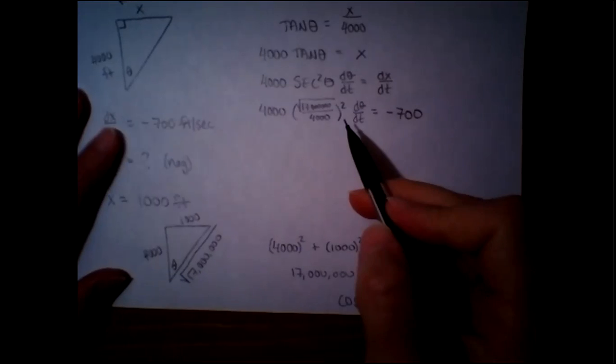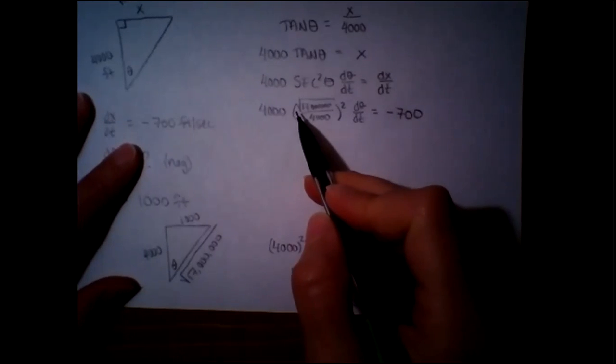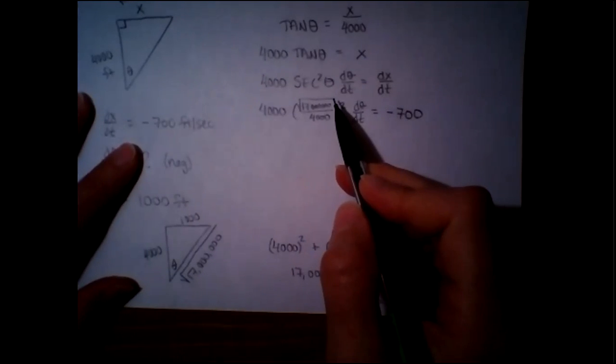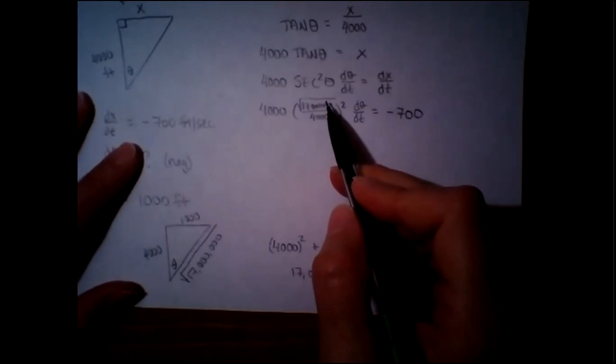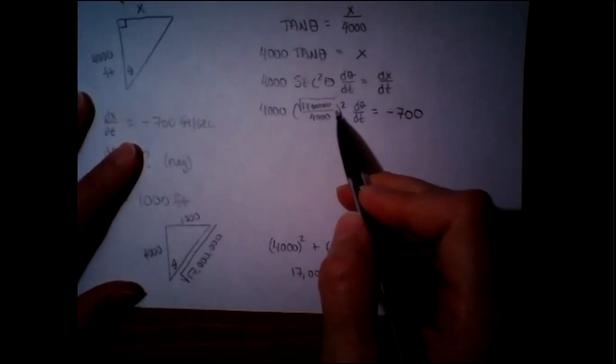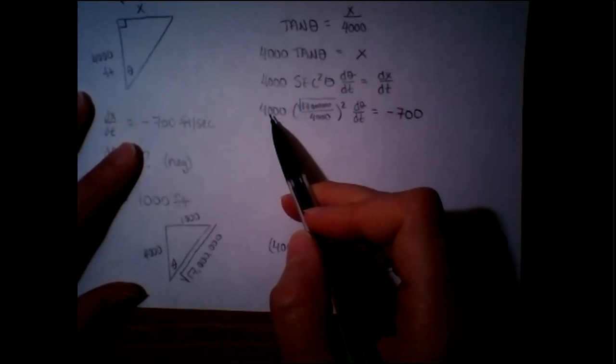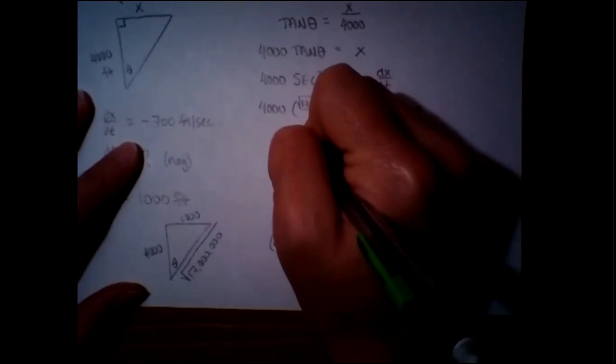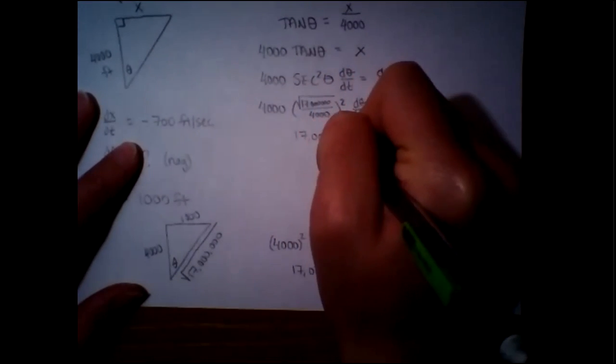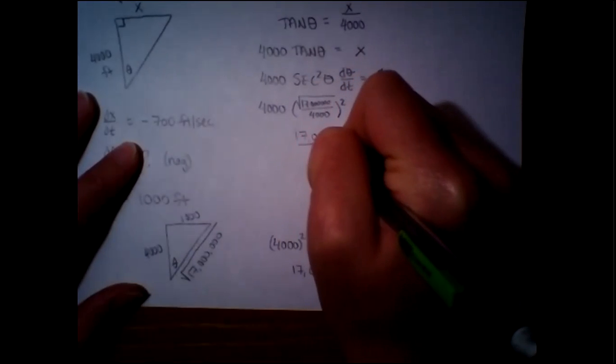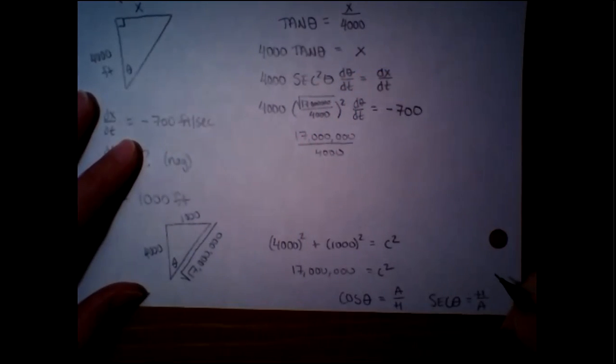All right, and then we're going to square that. So the square root is gonna cancel. That would just be 17 million. And then you'd have 4,000 squared, but then there's another 4,000. So one of the 4,000s is gonna cancel, and you just have one left.